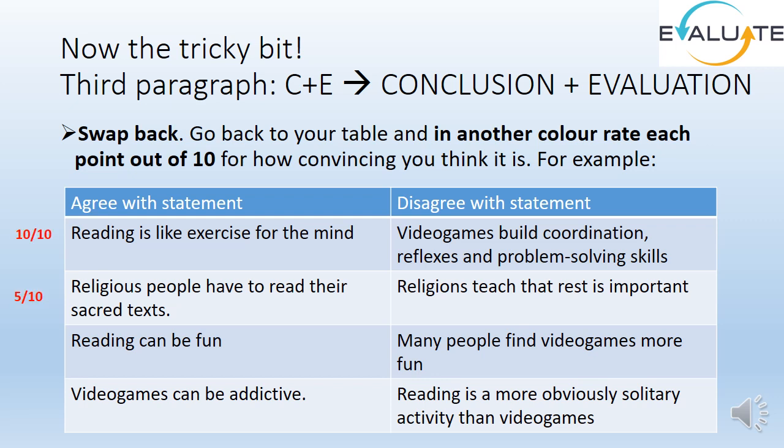What you could do is rate them, just in a number out of 10: what do I think of each of those arguments? You could do it for yourself for these statements or for the ones that you come up with in a 12-marker plan. That's just an illustration of how you will think different things about different arguments, and that can give you a prompt to help you with your evaluation.